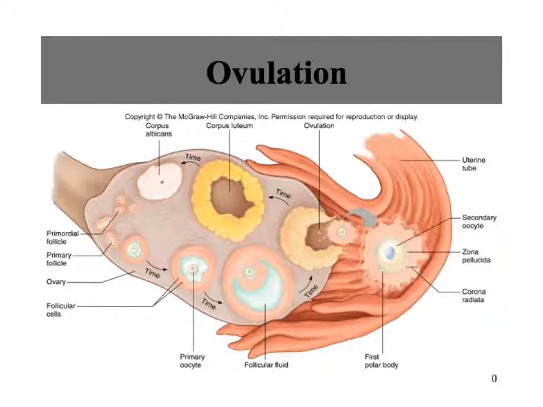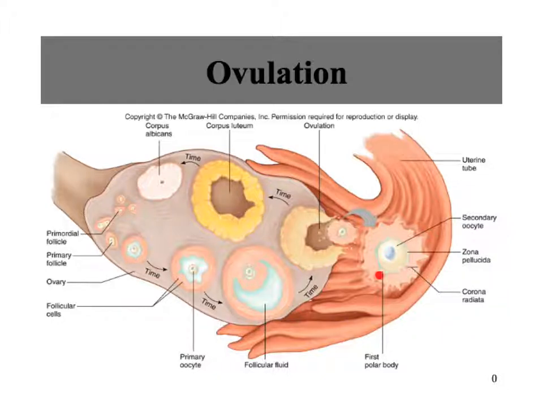Here's a cartoon version trying to demonstrate that same process, looking at the primordial follicles and the process of maturation, producing those follicular cells, the follicular fluid, release of the secondary oocyte. And this secondary oocyte is covered by a layer of radiate cells, the nurse cells, along with the zona pellucida.